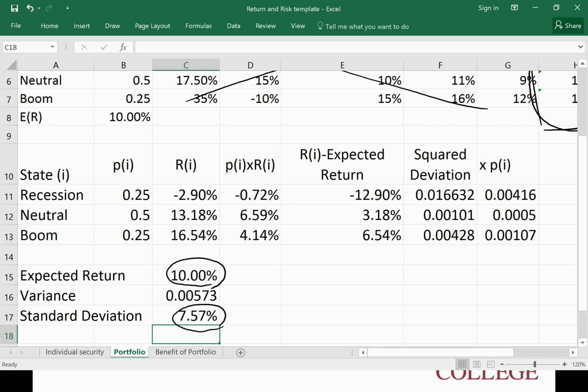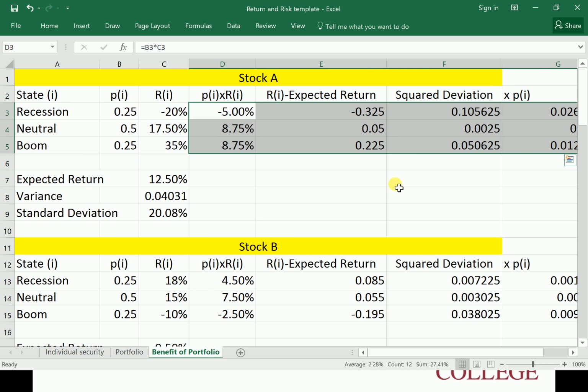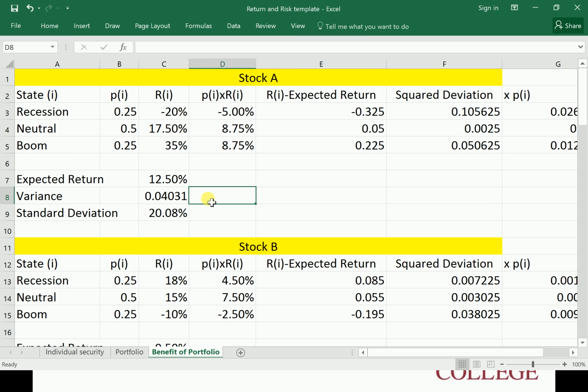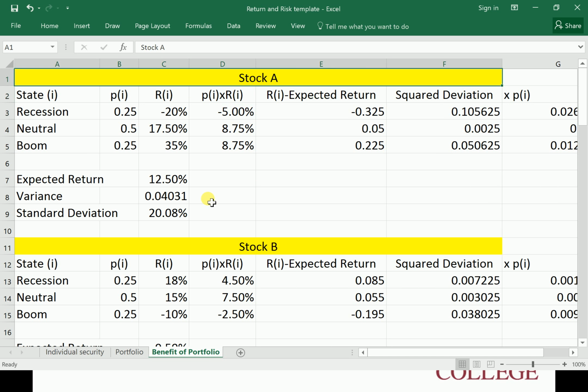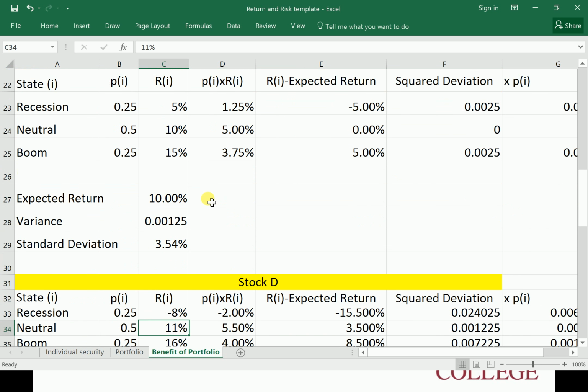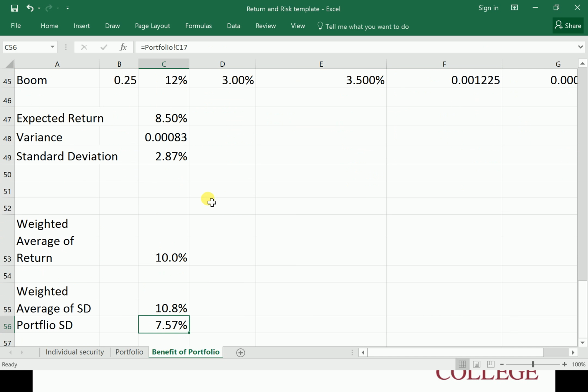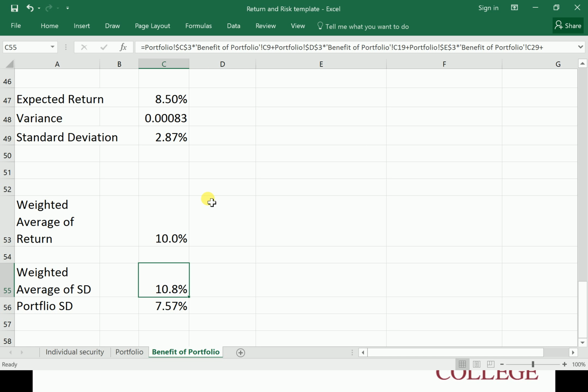Now the third spreadsheet is about the benefit of the portfolio. So now I compute each expected return and the standard deviation for 5 stocks, which I already computed, and then find the weighted average of the standard deviation and compare with the portfolio standard deviation.